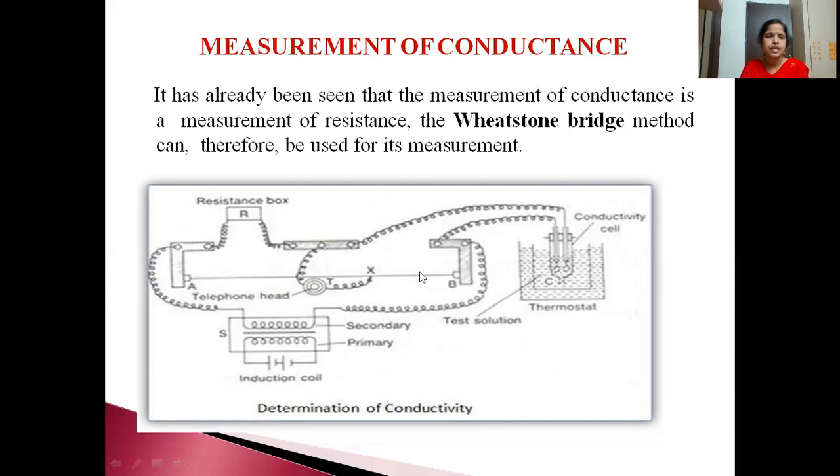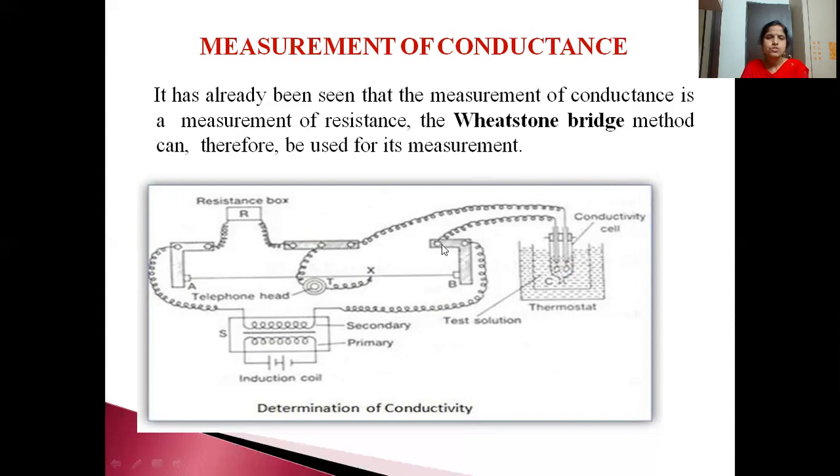You can see this AB, this is the resistance box, and here this is the telephone head. Now when the current is passed into the test solution, the electrolyte will get dissociated into ions, and these ions will move to the opposite electrodes.